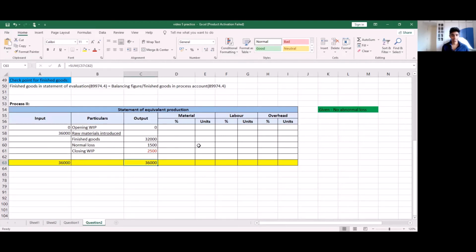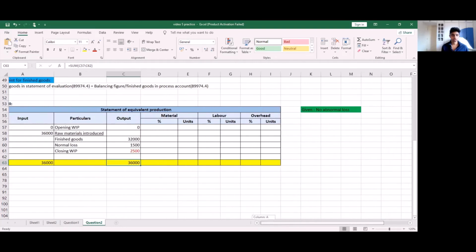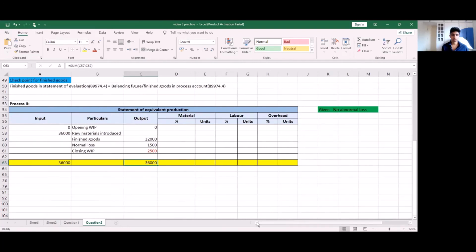With that being said, let's quickly write our equivalent production units for finished goods, normal loss, and closing work in progress. So for finished goods, we know 100% work has been completed for materials, labor, and overheads. So our units will be 32,000 in all three cases.